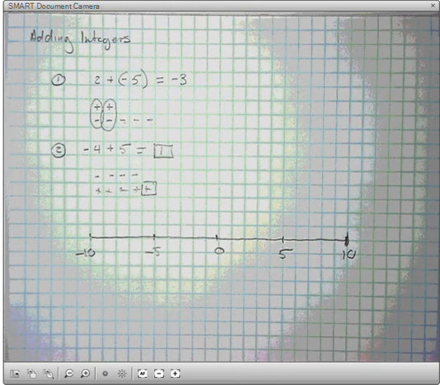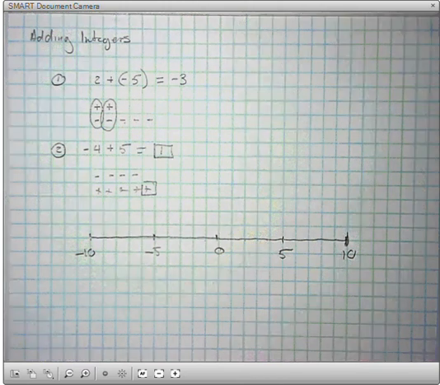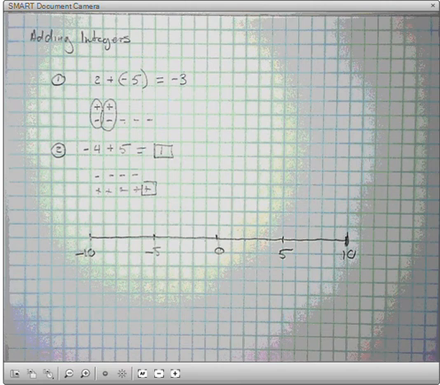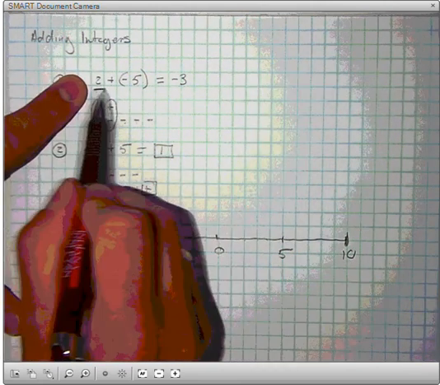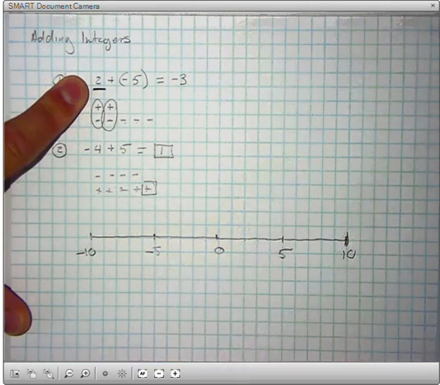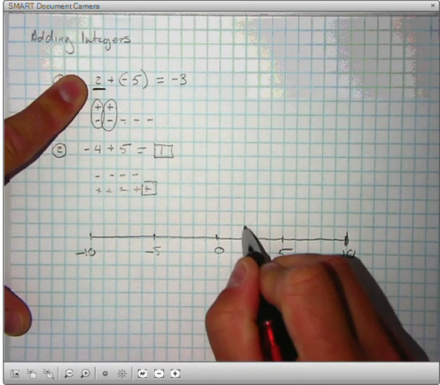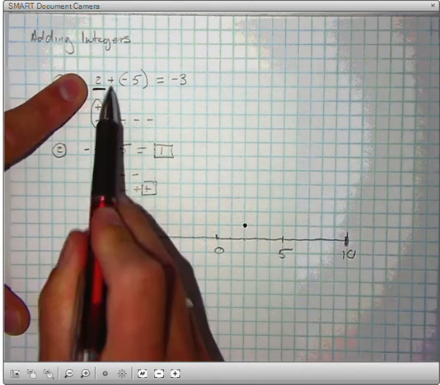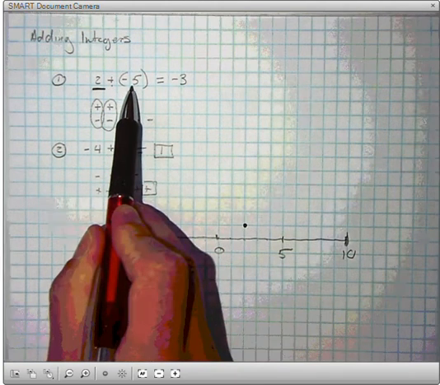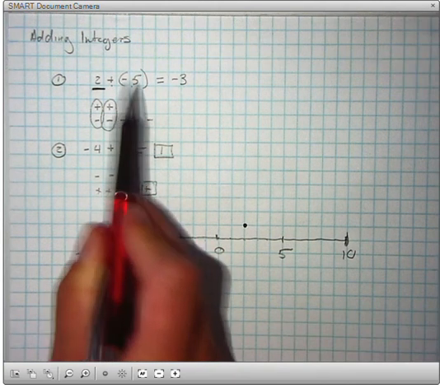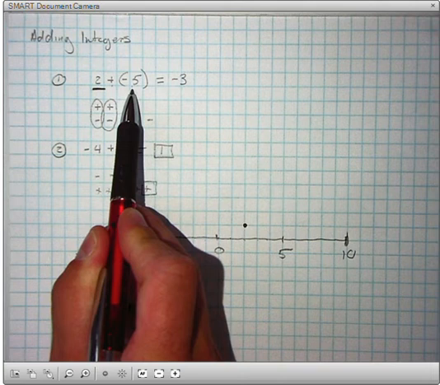So the other common way is, like I said, using a number line. If I look at our first example, this number right here is the number that I start at on my number line. So I'm going to start at a positive 2. That's 1, 2. So I'm going to start right here. Then I'm going to add 5 in the negative direction. So the second number is telling us which direction and how far to go.